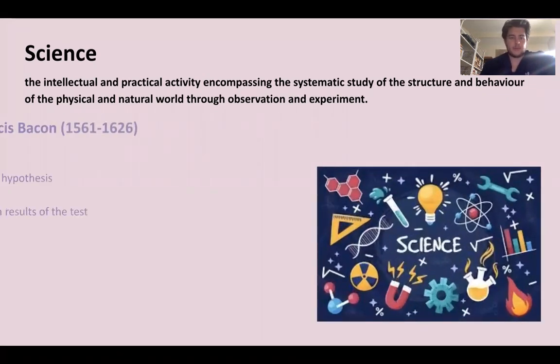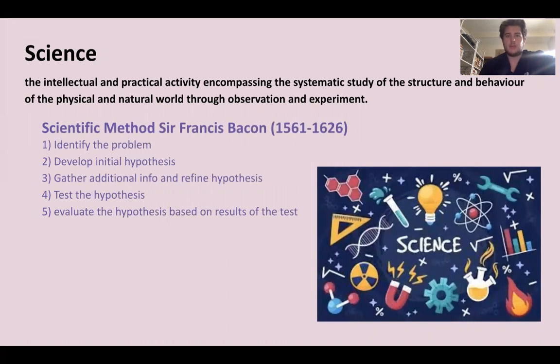So we're going to talk about first Francis Bacon, born 1561, died 1626. He was a 16th century philosopher who heavily promoted the scientific method and brought it to fruition amongst the scientific world. The scientific method is what is standard today and is what is used amongst all who wish to solve a problem.